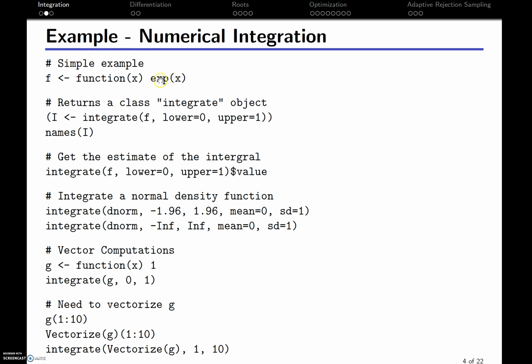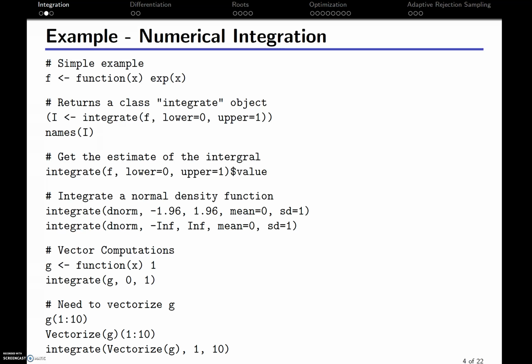So for example, if our function is e to the x, then we define the function. Notice it uses the user-defined function framework. You could put curly brackets around exp(x) there, but it's not needed since it's only one line. Then you integrate with your lower bound being 0 and your upper bound being 1, and it'll return this object of class integrate.